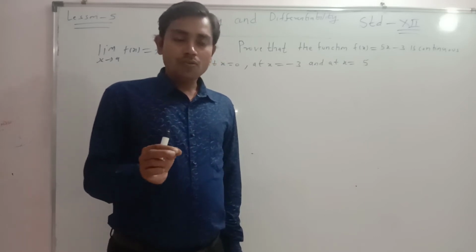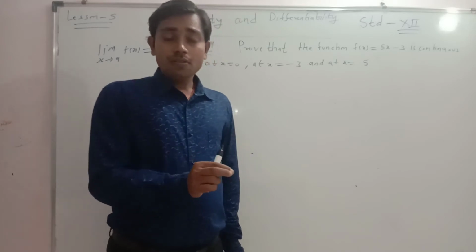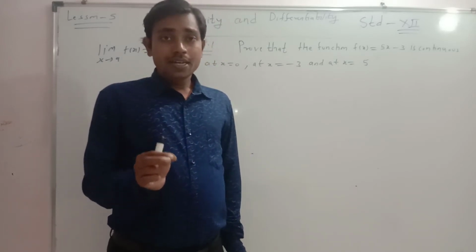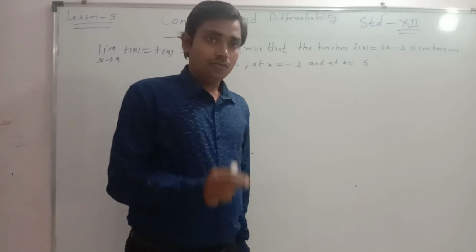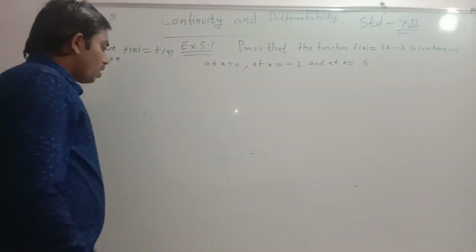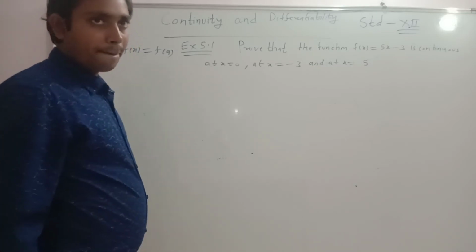A function is continuous if and only if its limit exists. If the limit exists, the function will be continuous. So how can we give the mathematical definition? Let's see, my dear students.